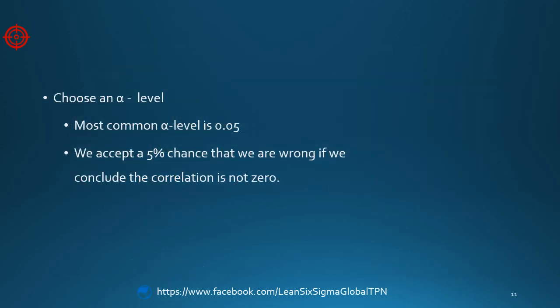Before we test the hypothesis, we must first determine the significance level, or alpha, appropriate for our situation. The most common significance level is 0.05, which indicates that we are willing to accept a 5% chance that we are wrong if we conclude that the correlation does not equal 0.